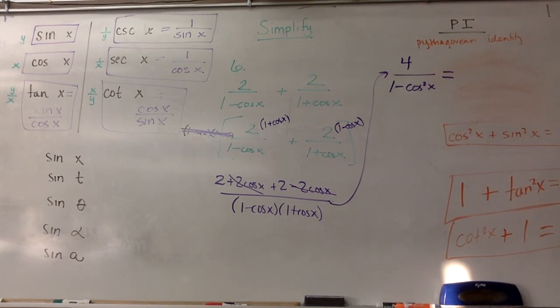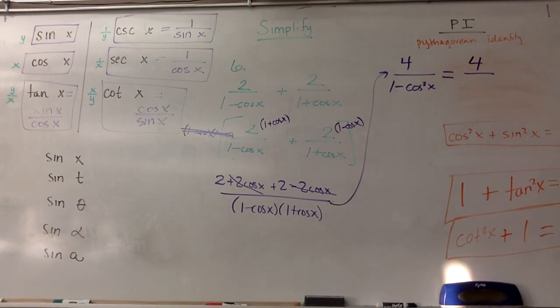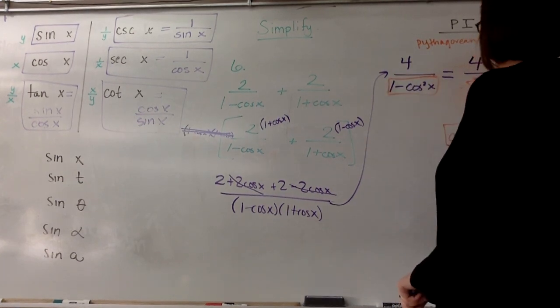Okay, what is 1 minus cosine squared x known as? One minus cosine squared x is sine squared x. So if I look here, 1 minus cosine squared x is equal to sine squared x. So this gets replaced with sine squared x.